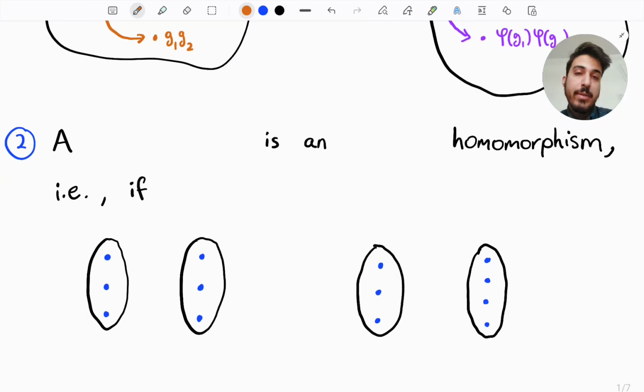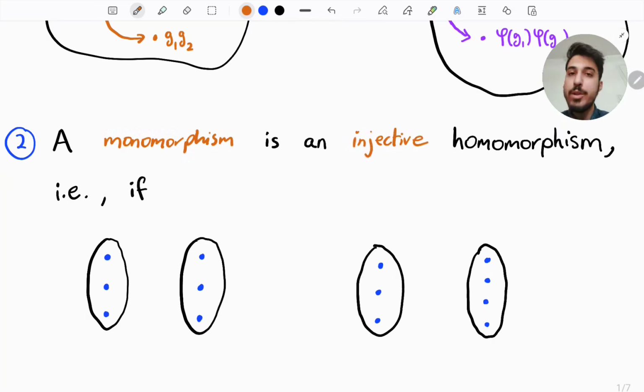Okay, now that we defined what a homomorphism is, we'd like it to be even more respectful of the structure of the groups. So if the homomorphism has certain other properties that I will discuss now, we will give them different names. For example, a monomorphism is a homomorphism that is injective.